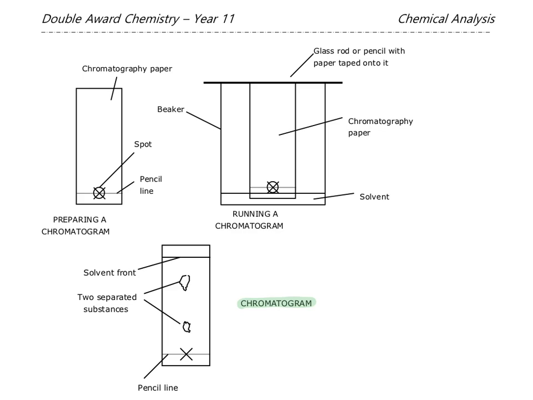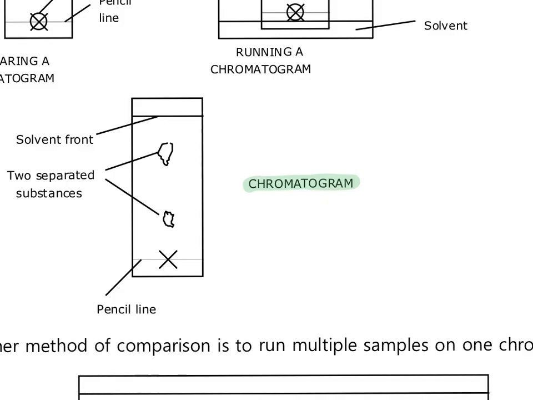And what I want to do is take you through how we calculate RF values. So I'm going to add some notes to this final diagram here. I'm going to call this lower spot, spot 1, and I'm going to call this second one spot 2. Okay, and we calculate a separate RF value for each of the spots because you can see one has travelled further than the other.